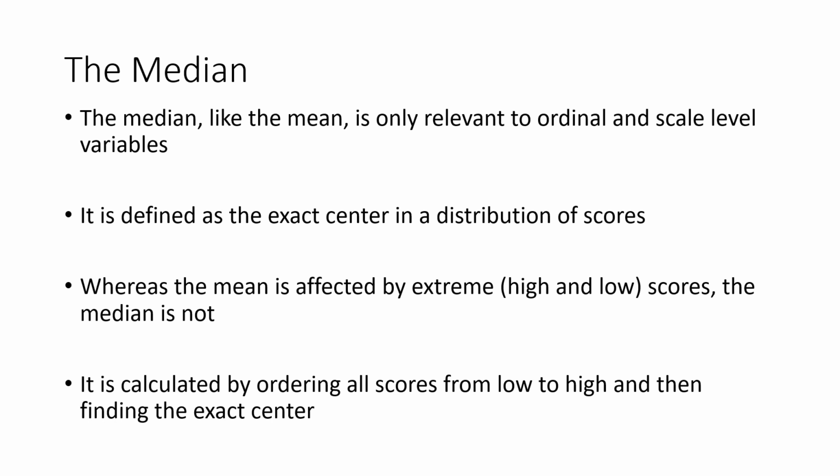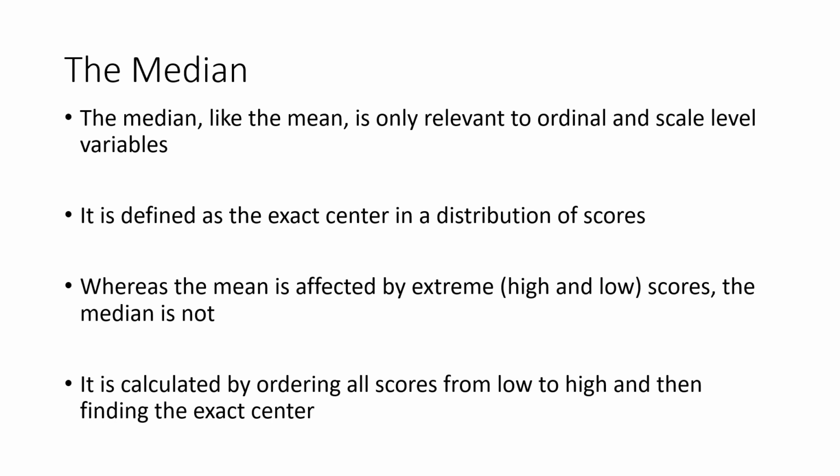We can define the median as the exact center in a distribution of scores. So to calculate the median, what you would need to do is to rank order all of the scores from the lowest score to the highest score, and then find the exact center. In some cases, the exact center will be a single number, in which case that will be your median.